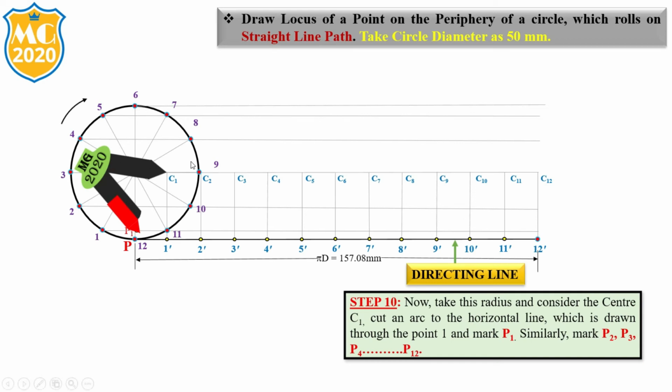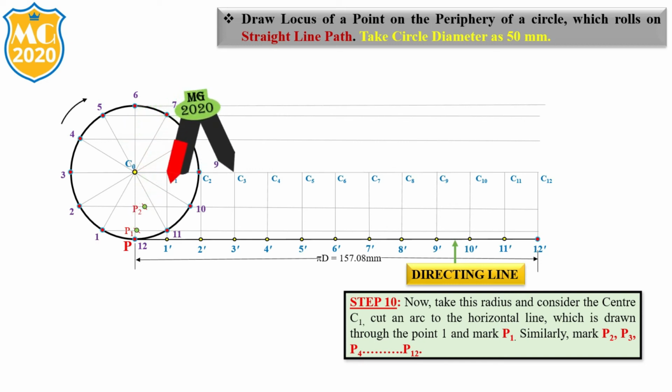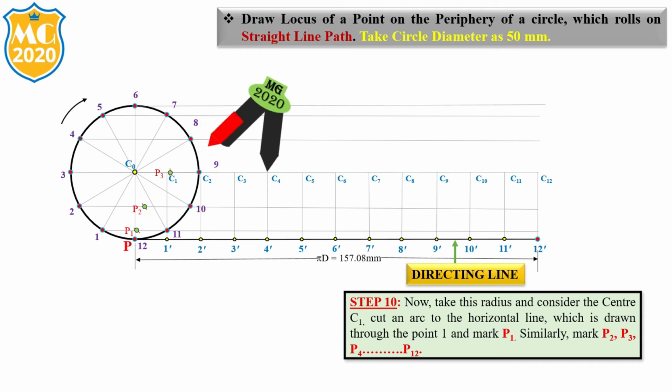Similarly, now consider the center as C2, and cut an arc on the horizontal line, the point number 2. This is P2. Similarly, C3. Okay, C3, this is P3. Now C4 is the center. This is P4.